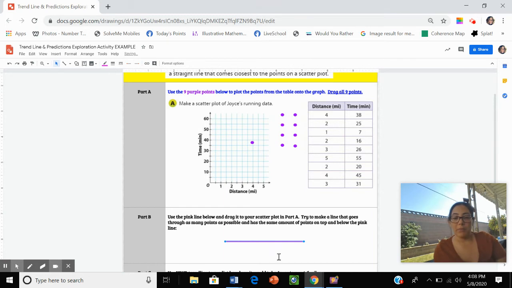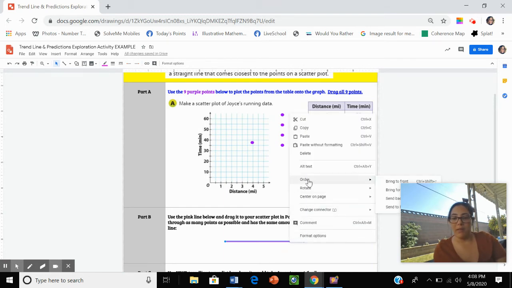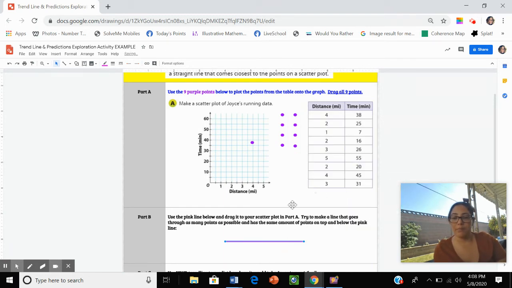Let me fix something real quick. So let's say I want to make this line negative. I want it to go through as many of those 9 points as possible, and when I'm done, you'll want an equal amount of points above and below the line.